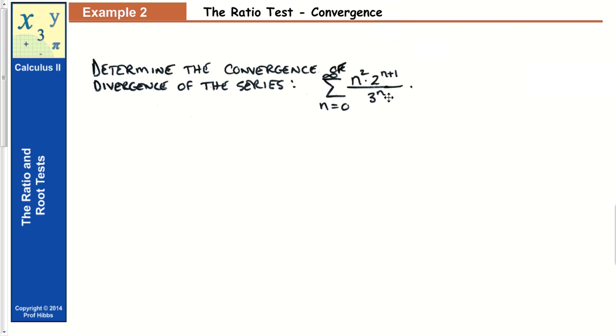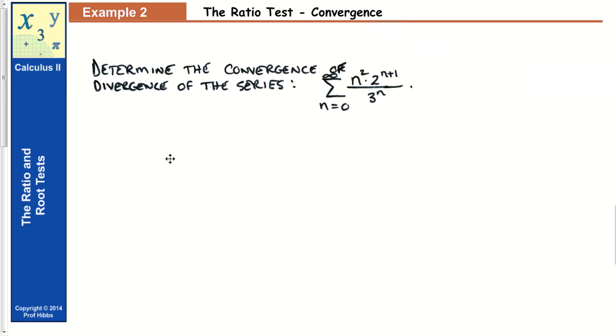Now again, this reeks of exponentials, doesn't it? Because we have an n plus 1 exponent and an n exponent. We don't have any factorials. But the ratio test would be a good choice, and that's what we're going to try to do.